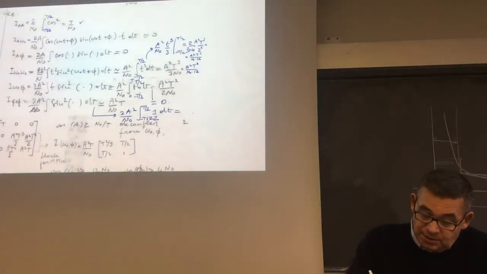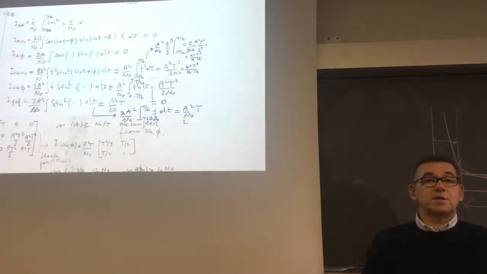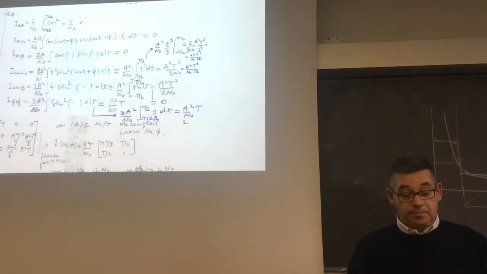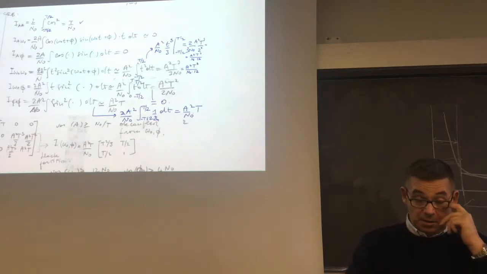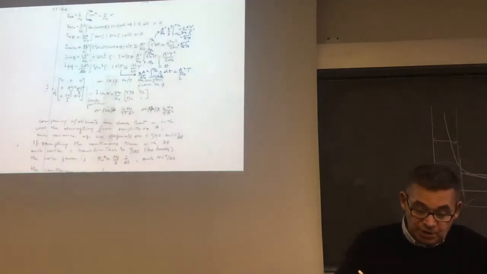So this is equal to, so this goes away, a squared divided by n0, integrated between t half and minus t half, so it's t again, which means it's not changed. Okay? So the new Fisher information matrix, let me collect all the Fisher, the blue one.